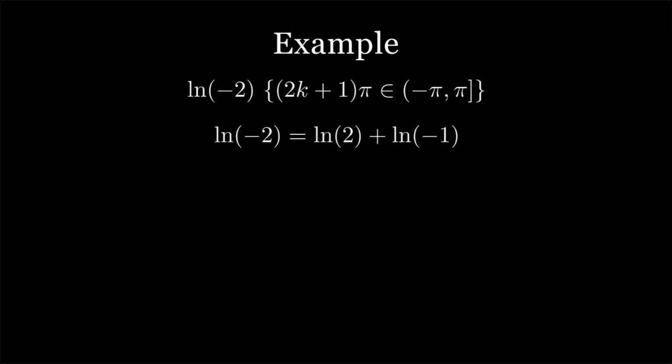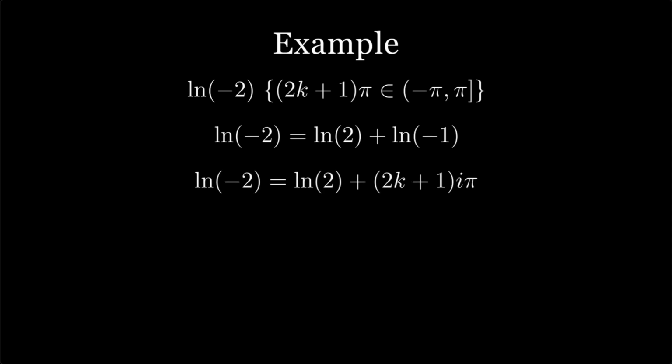So now let's go to an example. Let's look at the natural log of -2, where 2k plus 1 times pi is in the bounds -pi to pi. Or the argument is z, but we'll delve into notation like that in the next video. But first, we see that the natural log of -2 is equal to the natural log of 2 plus the natural log of -1, because that's how the properties of logs work.